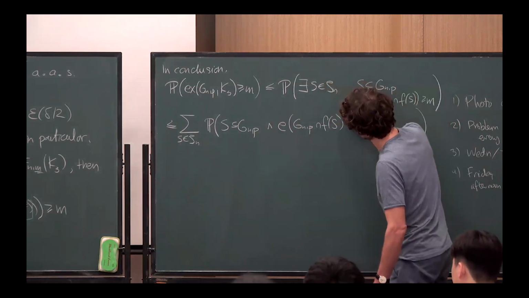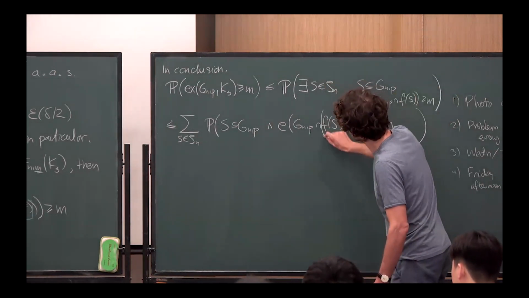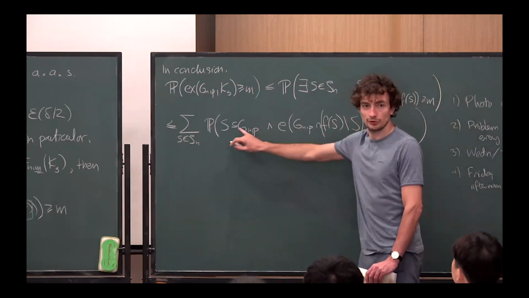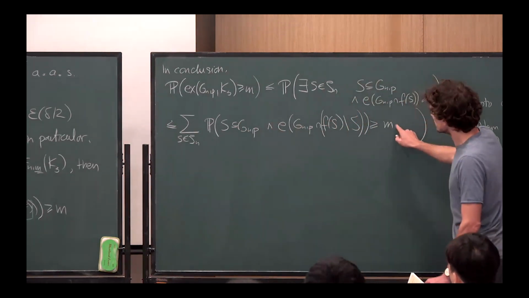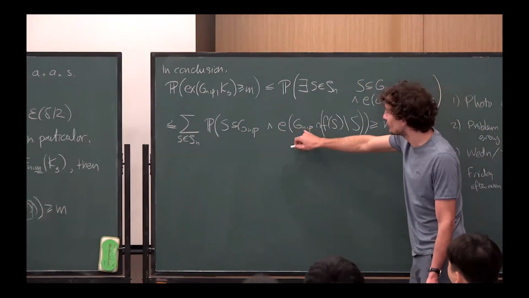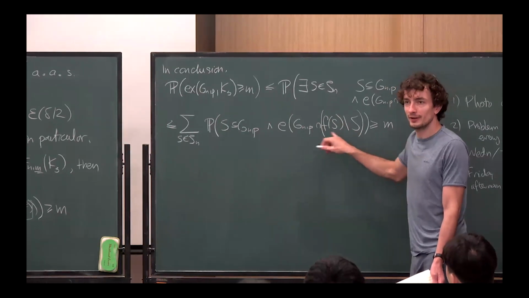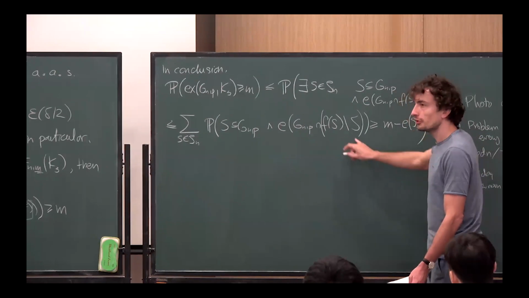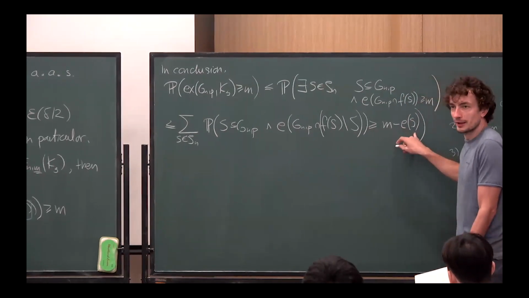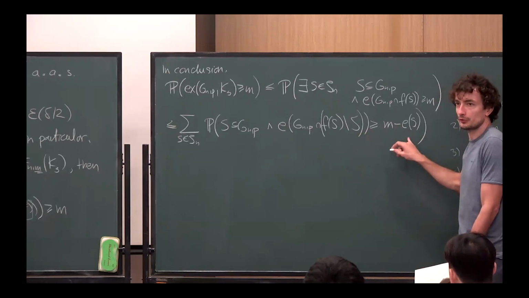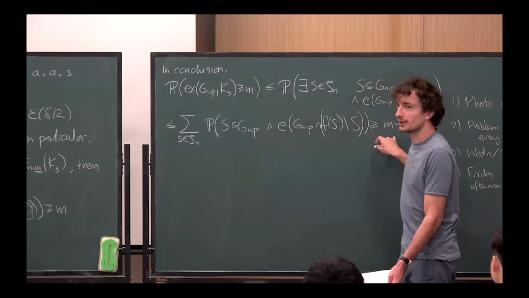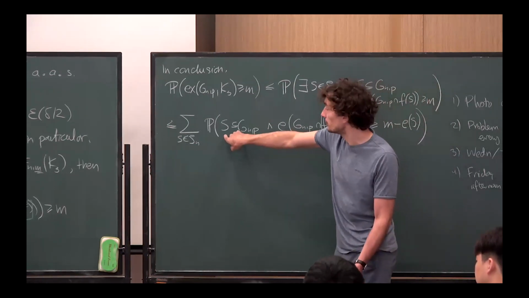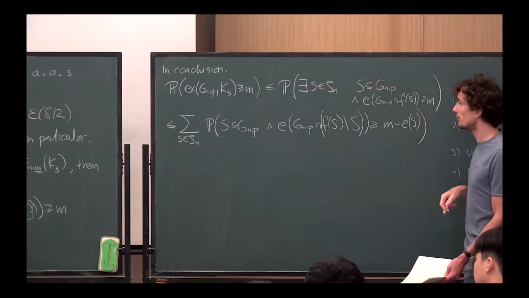Therefore, let's here only look at the intersection with F of S minus S. So now they will depend on disjoint sets of pairs. We do know that G(n,p) contains all of S under this event, and if I remove it, I lost at most all the edges in S, so this is still true. But now the advantage is that these two events are independent because they depend on the intersection of G(n,p) with two disjoint sets of edges in the complete graph.